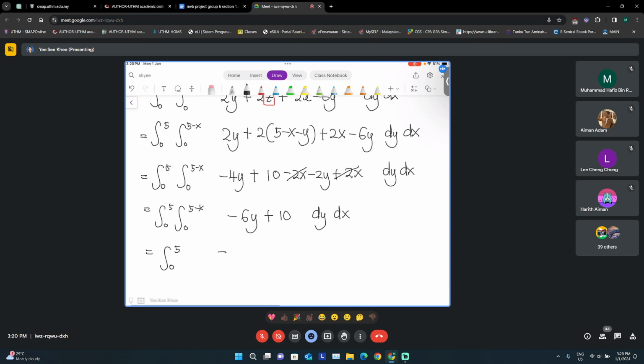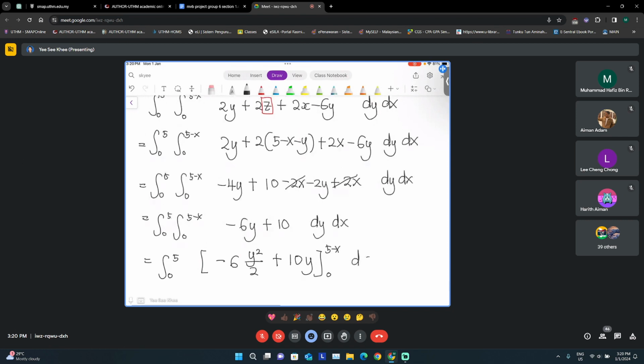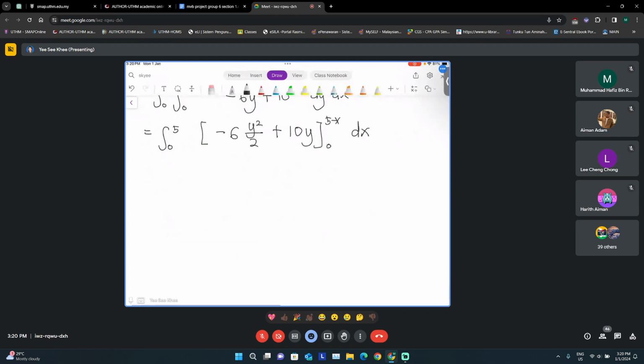So we get negative 6y squared over 2 plus 10y. All the y you replace with this one: negative 3 times (5 minus x) squared plus 10 times (5 minus x).